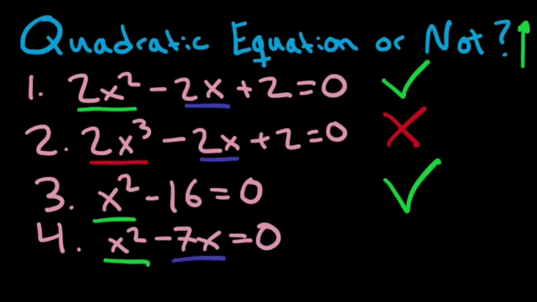But in this case, we don't have a constant term as we have in these three. That is not something we need in order for it to be a quadratic equation. As long as we have a variable to the power of 2 and no higher power, we know that this is a quadratic equation.